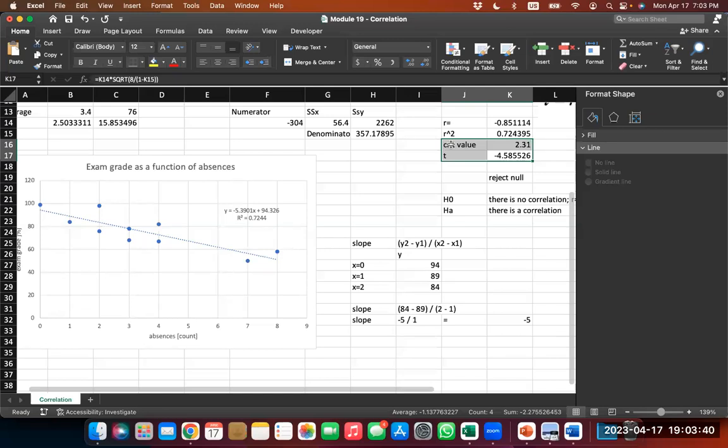What's also important to keep in mind are the assumptions of a correlation, or a regression more specifically. It's important that these are A, following a normal distribution, and B, randomly sampled and independent measures. So each of these data points is an independent participant. And lastly, they need to be homoscedastic.